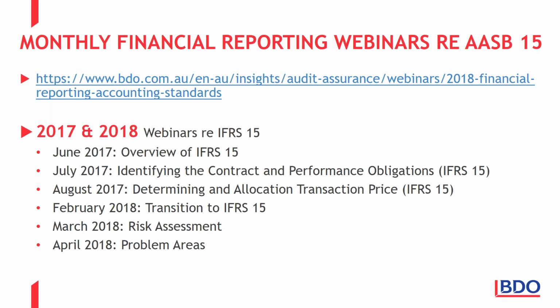If you want to look specifically at step 5 and when you can recognize revenue over time, the best webinar to look at would be the June 2017 one, an overview of IFRS 15, and we focus particularly on step 5. In that webinar, we include a number of decision trees to help you to make that decision.